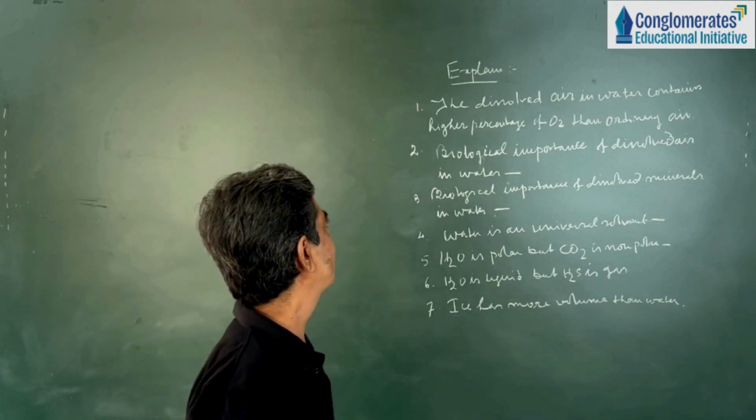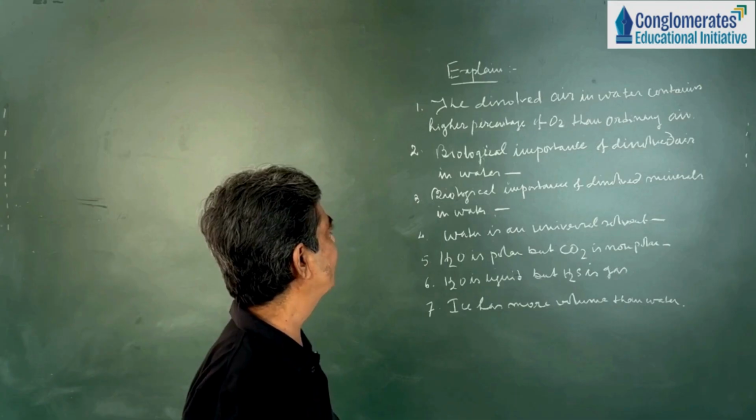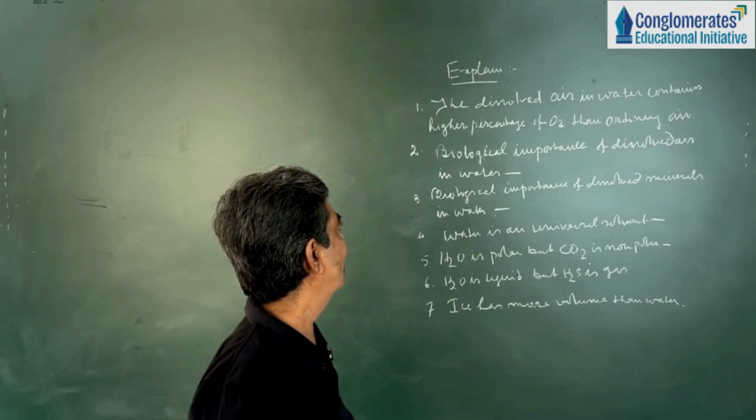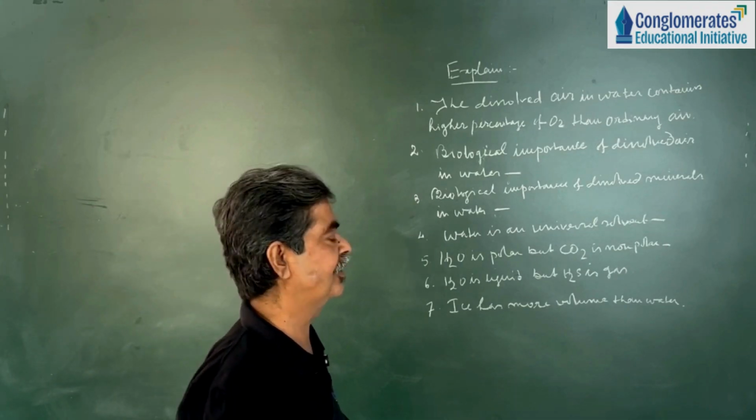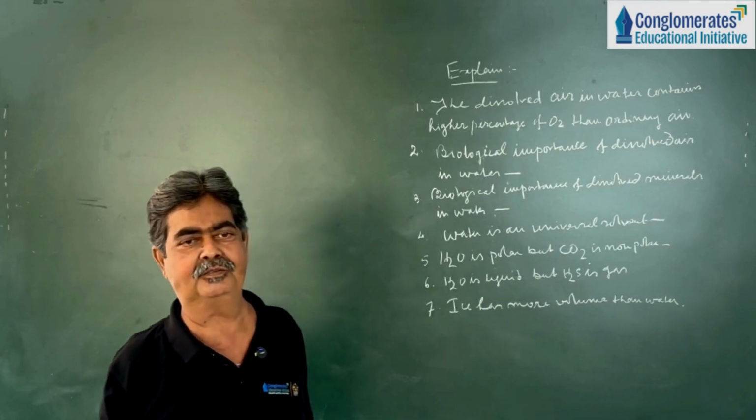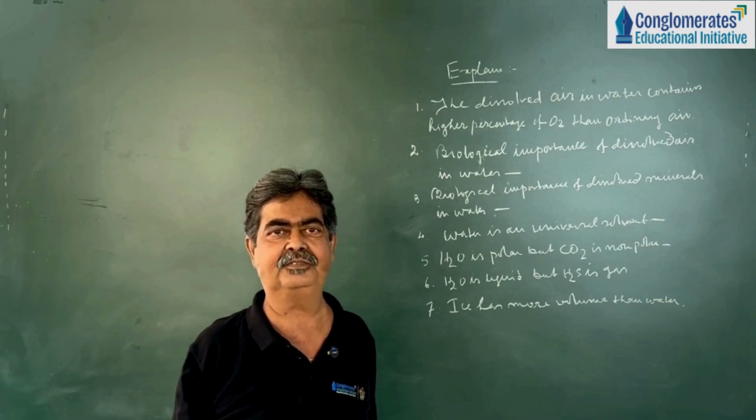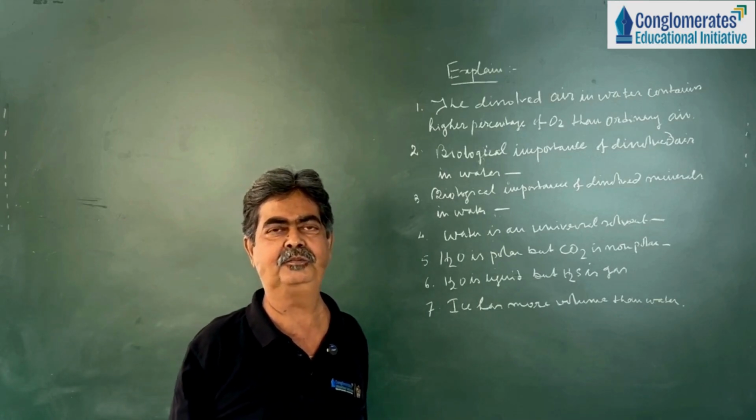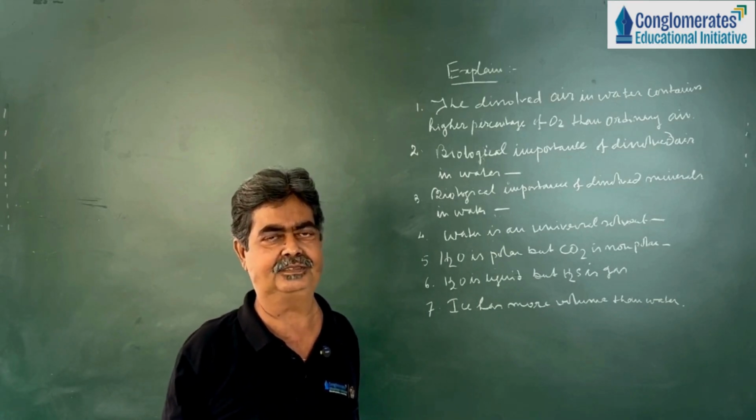the board. So the first question is: the dissolved air in water contains higher percentage of oxygen than ordinary air. Now, you know that air contains various gases, mainly nitrogen and oxygen.